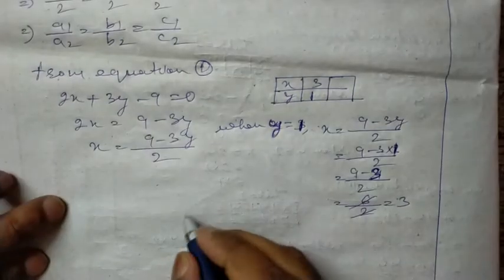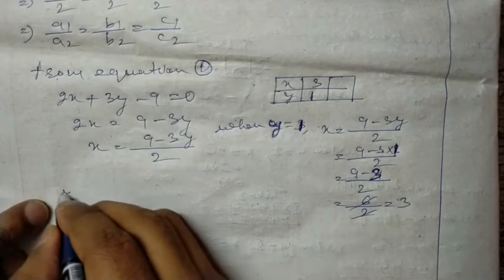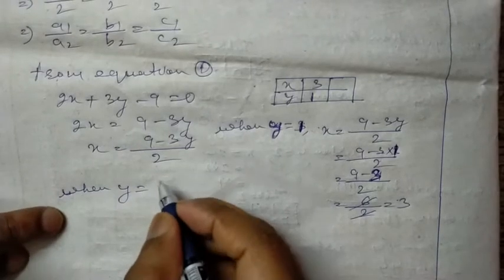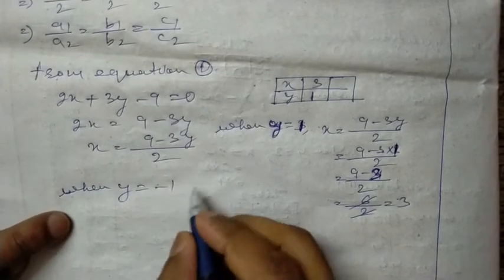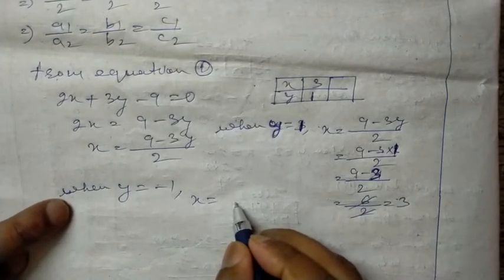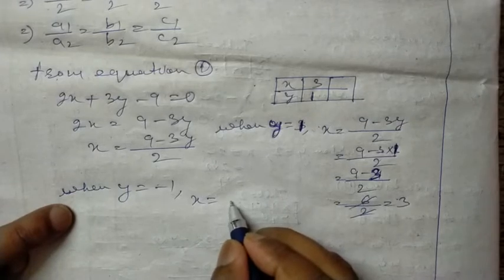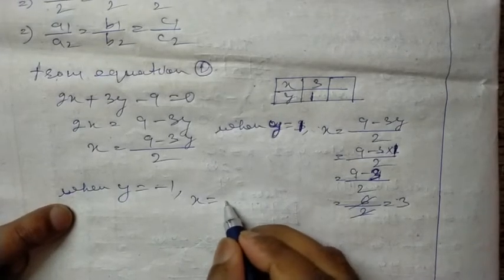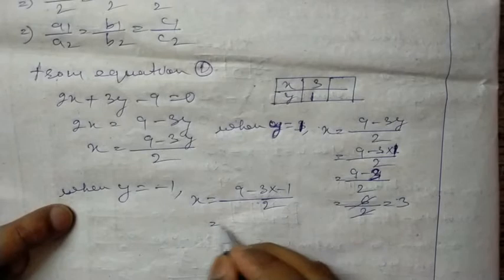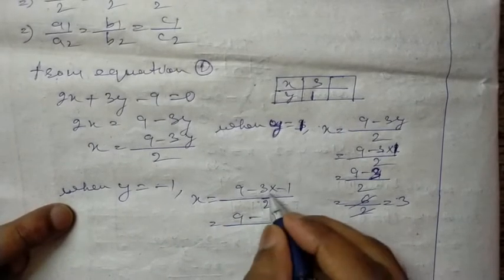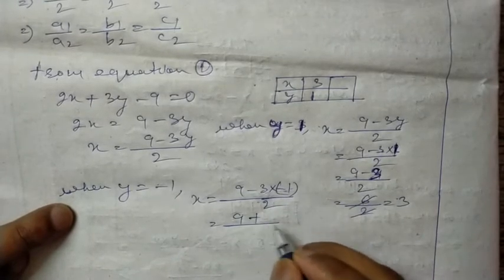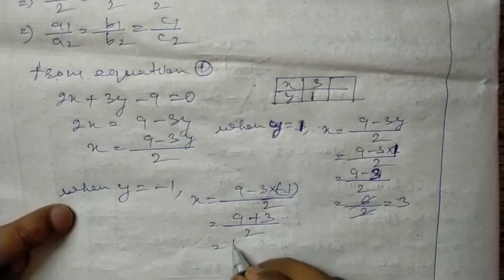Again, when we take the y value as minus 1, then we get the x value (9 minus 3 into minus 1) divided by 2. 9 minus minus 3 will be plus 3, it will be 12 by 2.